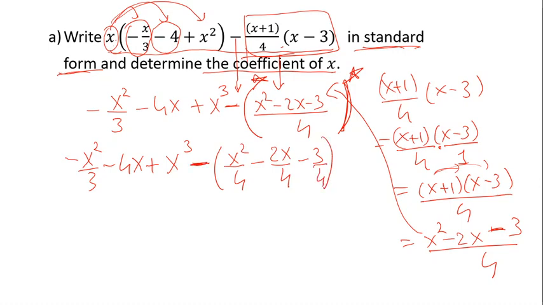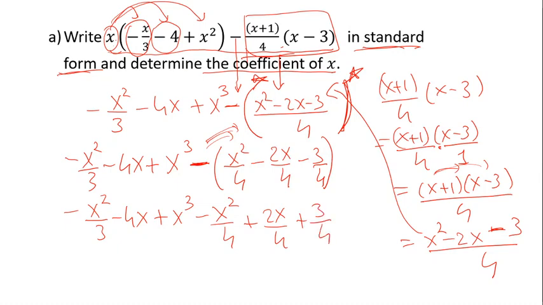Then I can deal with this minus sign here. So I distribute: negative x squared over 4, then plus 2x over 4, plus 3 over 4.